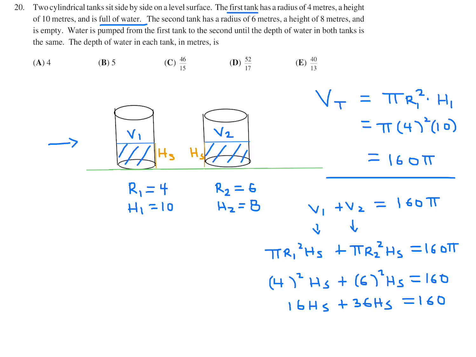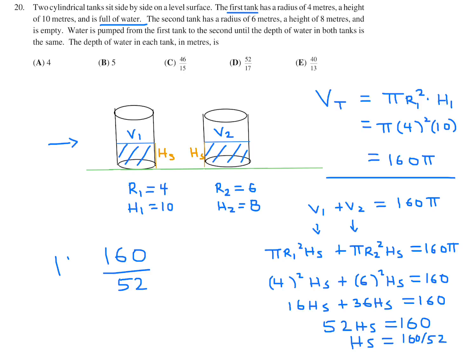HS, of course, meaning height same, the orange variable. So 16 plus 36 is 52, and that equals 160, and therefore HS is equal to 160 over 52. 160 over 52 is our height.